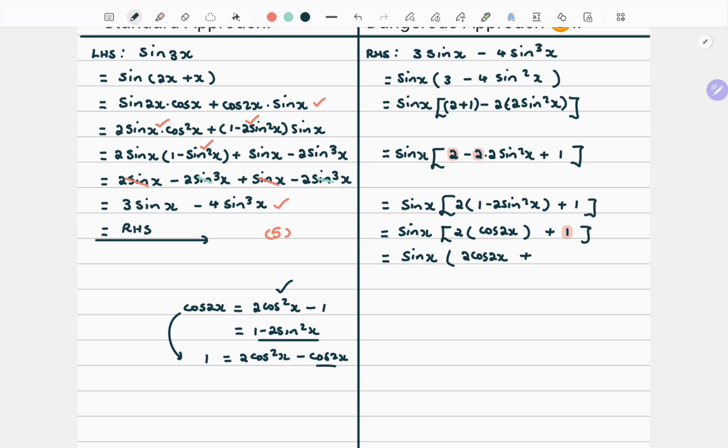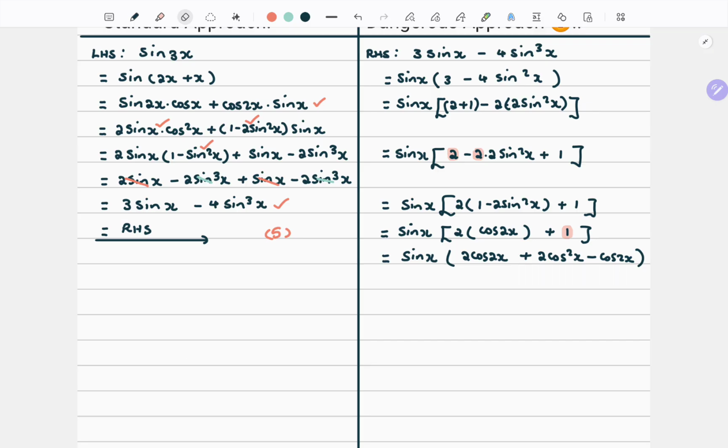So 1 is as good as 2 cos squared x minus cos 2x. So that's using the identity in a very strange way, because we are not so used to this way, but yes, it does work. So let's see what we can do. Of course, this doesn't belong here. We're just using it as our rough work.